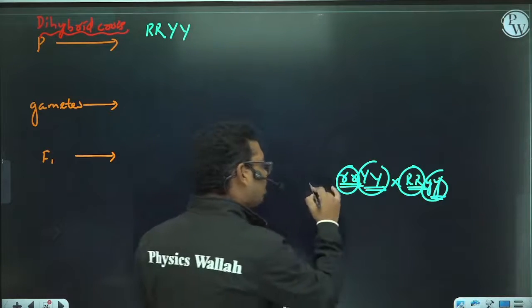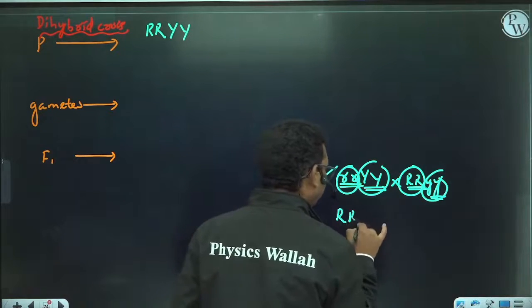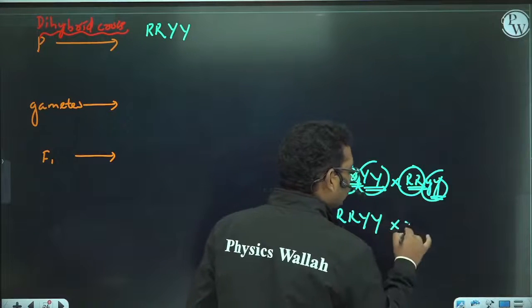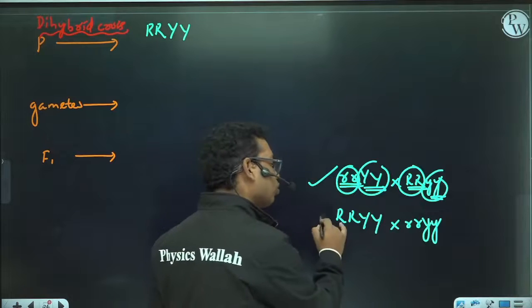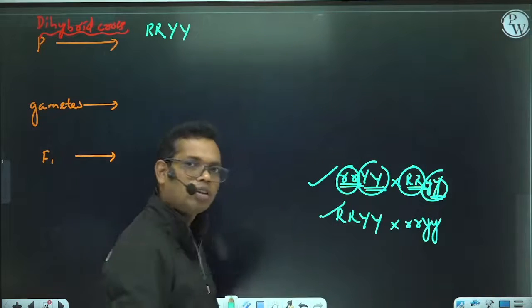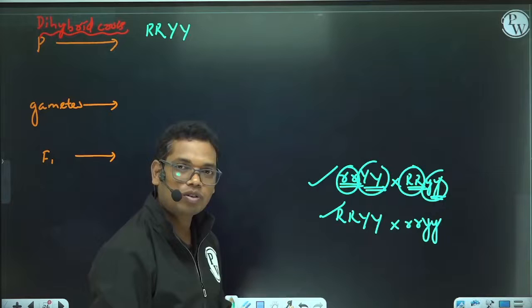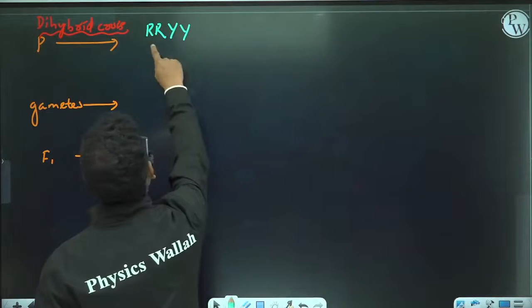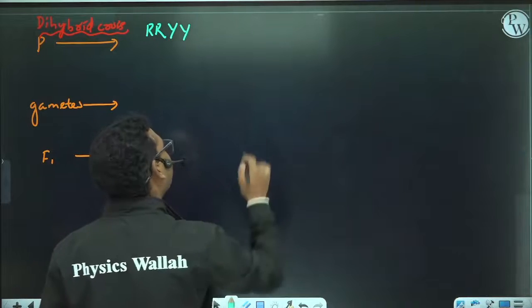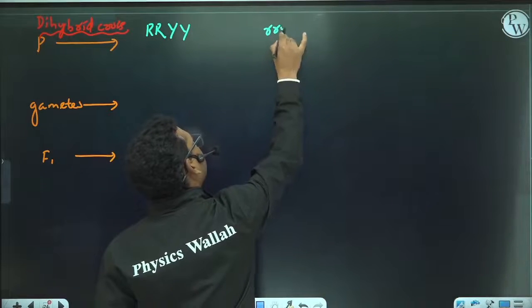So this one is a dihybrid cross, and if I write capital R, small y and small r, capital Y, this is also a dihybrid cross. Both are dihybrid crosses. Now one parent has this genotype and the other parent has small r, small y.